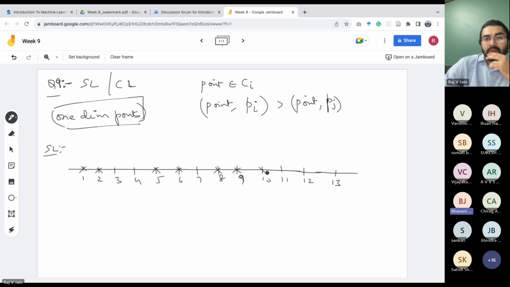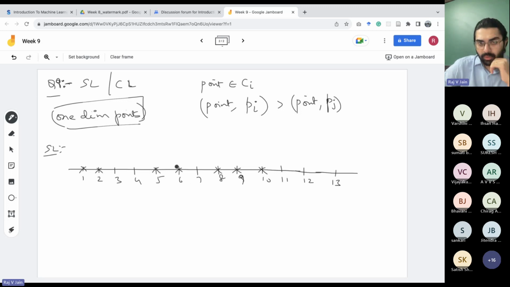So that is cluster 2: 8, 9, 10. Or maybe 8, 9, so that the centroid is near. I thought this is possible: 5 and 6 belong to separate clusters. They might be far off from the points in their own cluster, but near to the points in the other cluster.